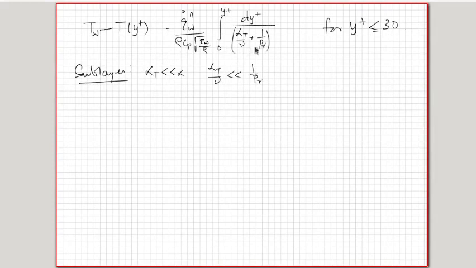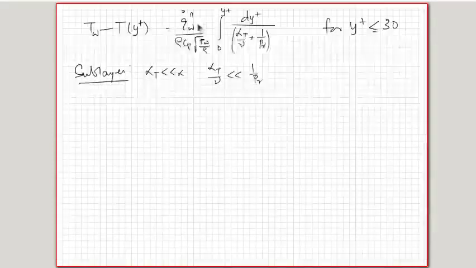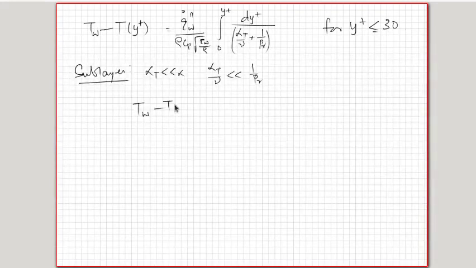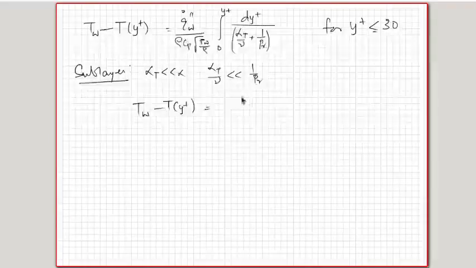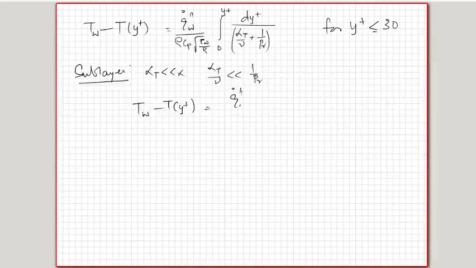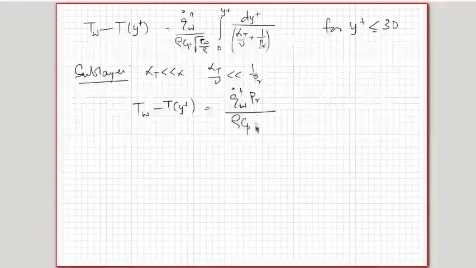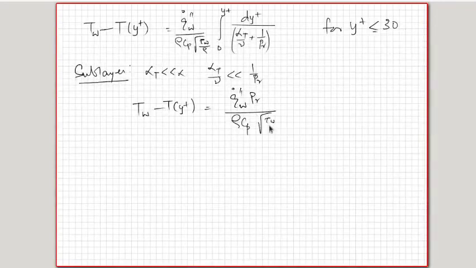So the Prandtl number will go up and come out of the integral. So I can get T wall minus T at any y plus is equal to q dot double prime wall into Prandtl divided by rho cp into square root of tau wall by rho, multiplied by, this will be just dy plus.